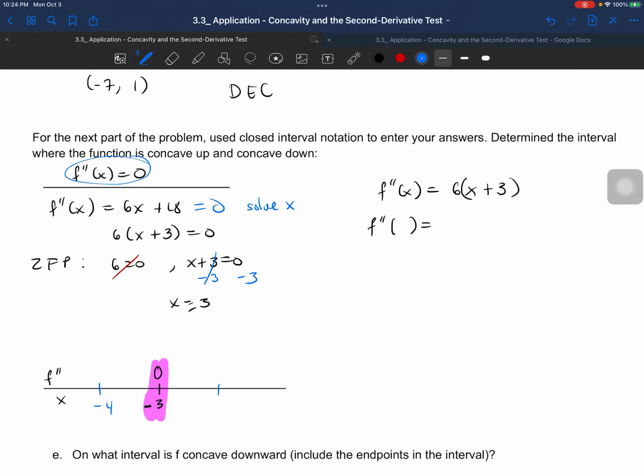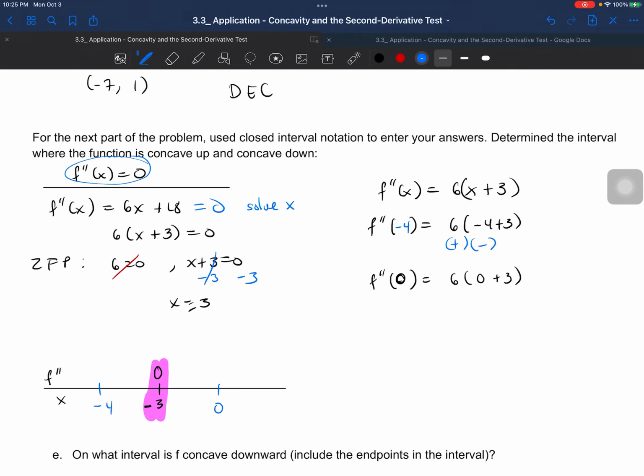And we forgot to choose our numbers, but we're going to choose negative 4 and 0. I always try to pick 0 because it's always easy for us to calculate whenever we're dealing with some calculation. So that would be f double prime of negative 4, which is 6 times negative 4 plus 3, and f double prime of 0, which is 6 times 0 plus 3.